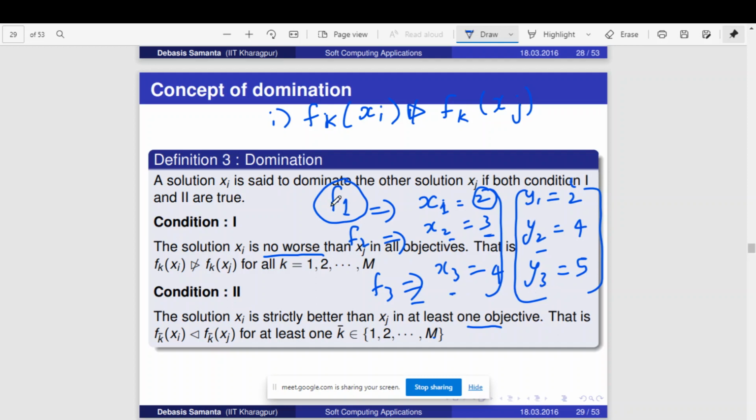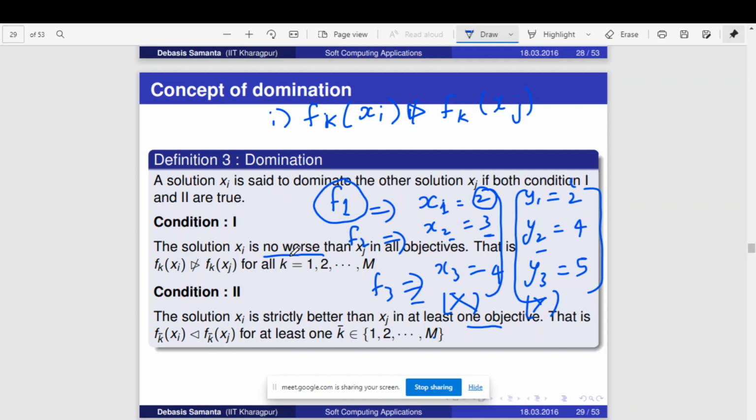So let us call all these x as one variable x, and all these y put together as y. Now can you say that x is dominating y as per this definition?